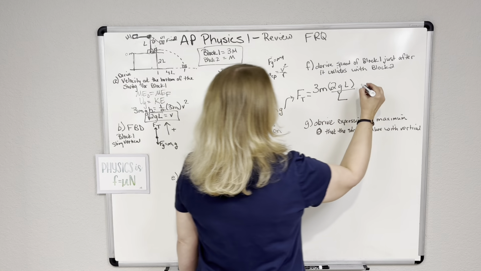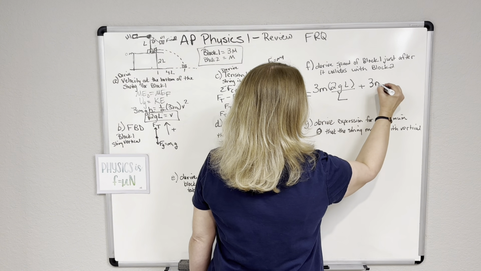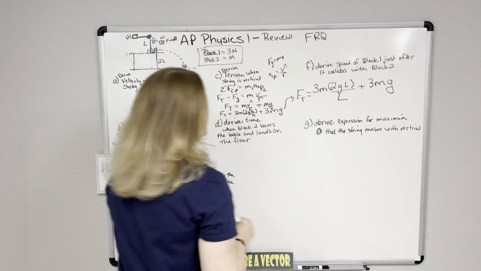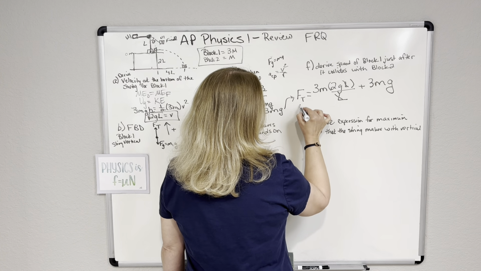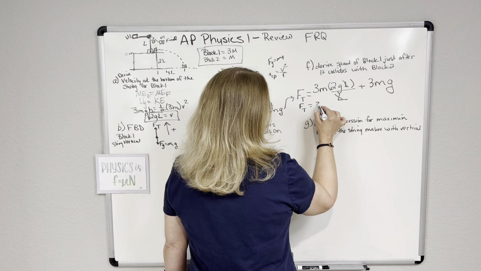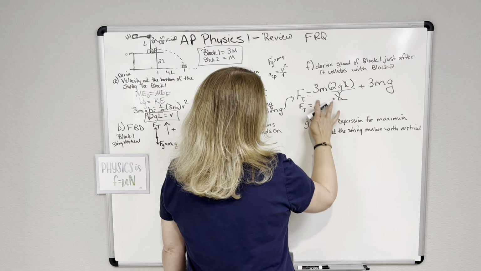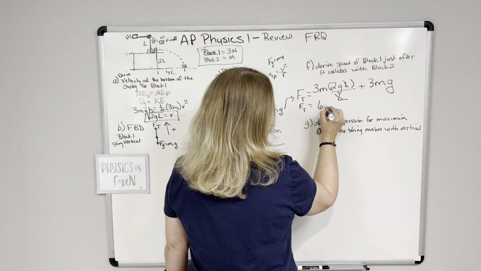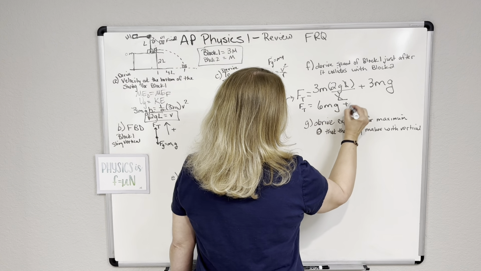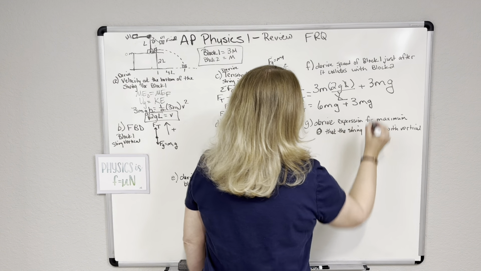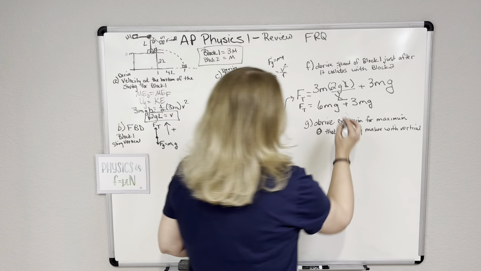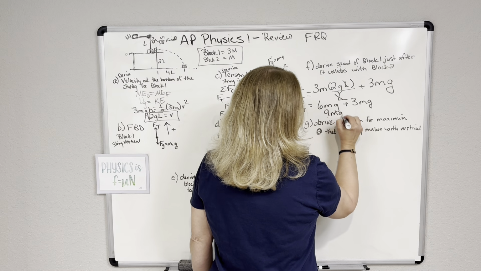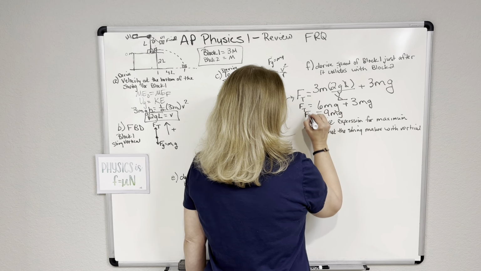R was L. And then we had plus 3mg. Okay, now all I'm going to do is my L's cancel. All right, and now I have my force of tension is 3 times 2 is 6 mg plus 3 mg. And you get that this thing equals 9 mg. OMG. Sorry, I had to do that.